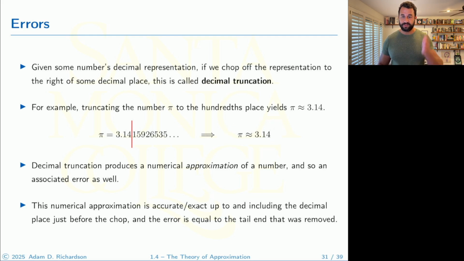So when you truncate a decimal representation, you get a numerical approximation of a number, and you get an associated error with that approximation. So that approximation is accurate or exact up to and including the decimal place just before the chop, right? And the error is equal to the tail end that was removed.